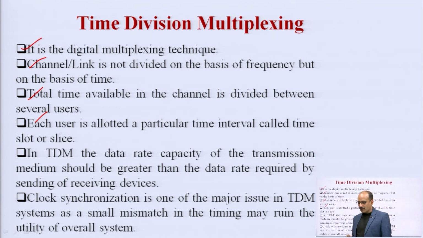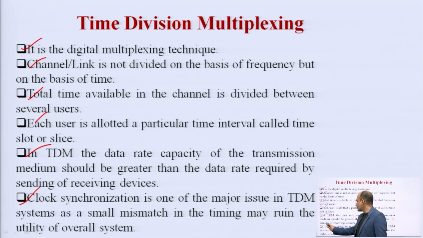Each user is allotted a particular time interval, called a time slot or time slice. Then in TDM, the data rate capacity of the transmission medium should be greater than the data rate required by the sending or receiving device.